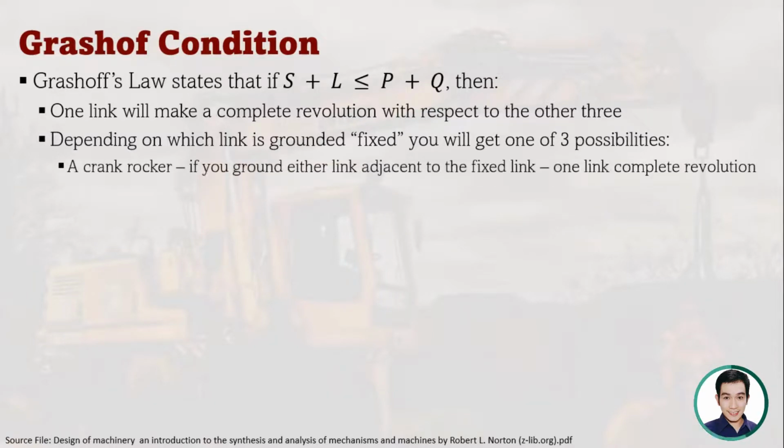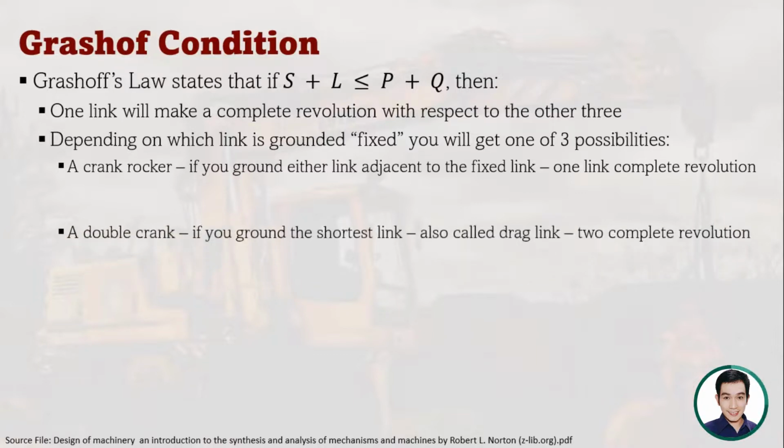You can have a crank rocker, which happens when you ground a link adjacent to the shortest link, and then 1 link will have a complete revolution. We may also get a double crank.